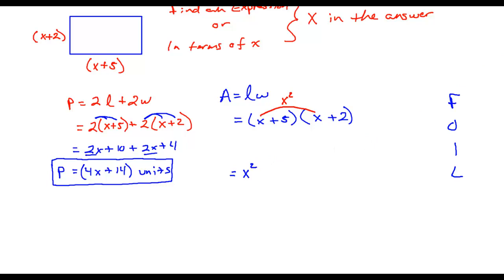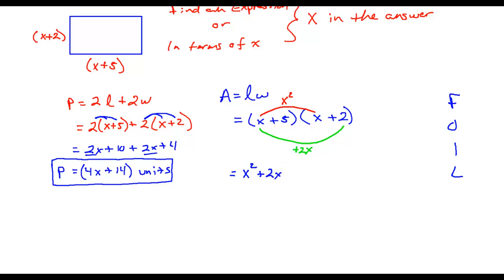Then I'm going to do the outer edges of my multiplication. I'm going to multiply whatever's on the outer edge, which is x, by whatever's on this outer edge, which is 2. So x times 2 is positive 2x. And I'm going to write that into my equation, or into my problem here.